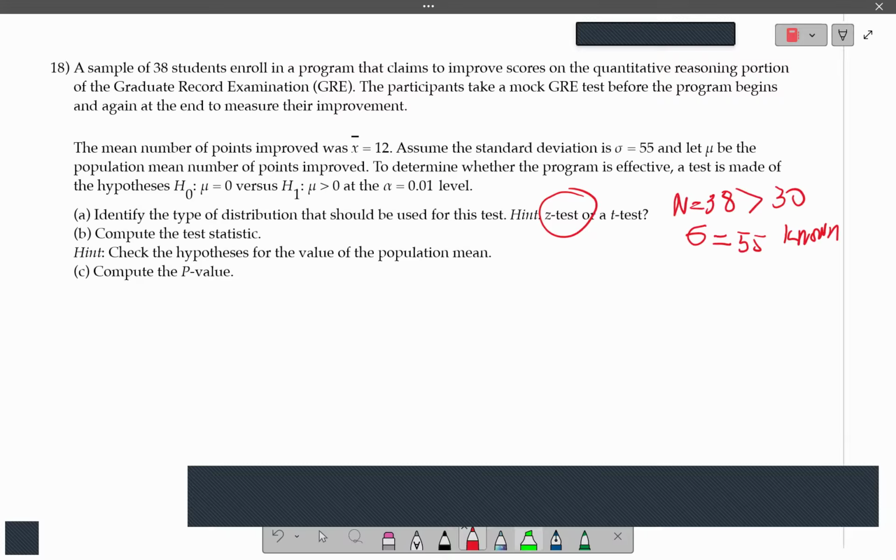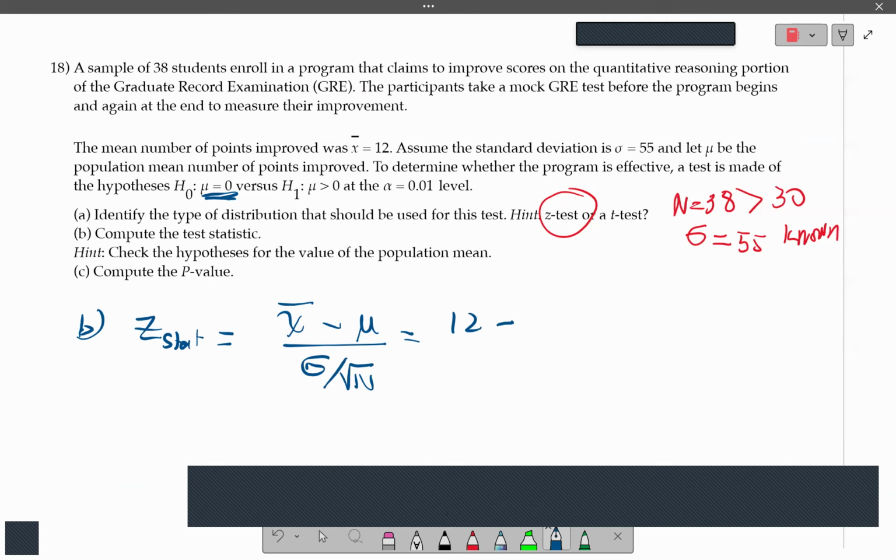Compute the test statistic. So the test statistic is the Z statistic, right? This is going to be X bar minus the mean divided by sigma divided by radical n. Are you familiar with this, right? X bar is 12. What's the mean? You see it over here? The mean is 0, correct?